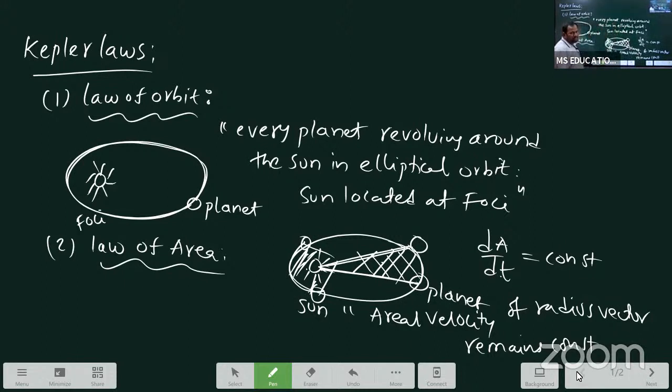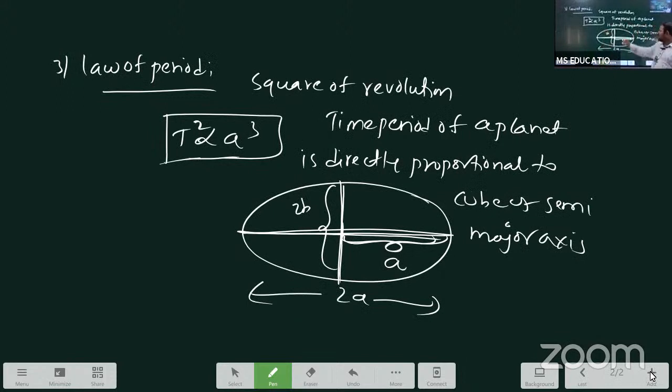Law of area: areal velocity of the radius vector remains constant. Law of period: the square of the revolution time period of a planet, T square, is directly proportional to the cube of the semi-major axis. These 3 laws I am giving in 3 lines.